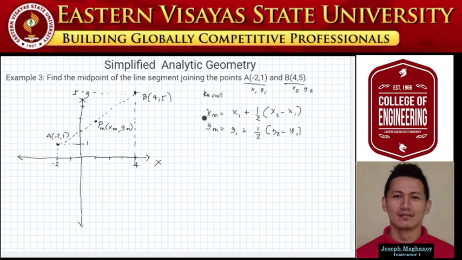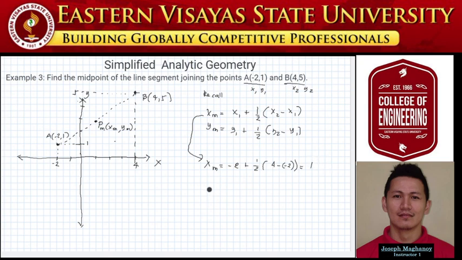So x sub 1, negative 2 plus 1 half x sub 2, which is 4, minus x sub 1, negative 2. So this is equal to 1.